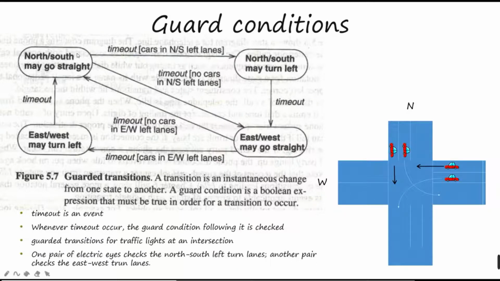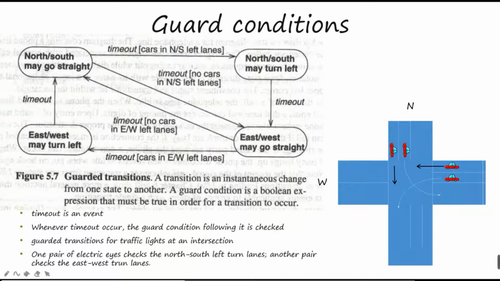It means the source state will transfer to different target states according to guard conditions. If there are cars in the north-south left lane, then it will go to the north-south turn left state.